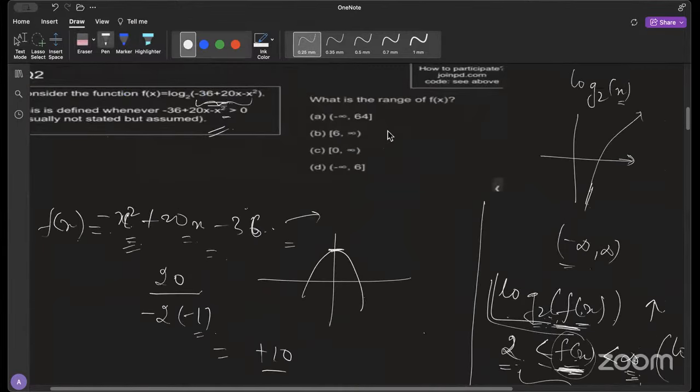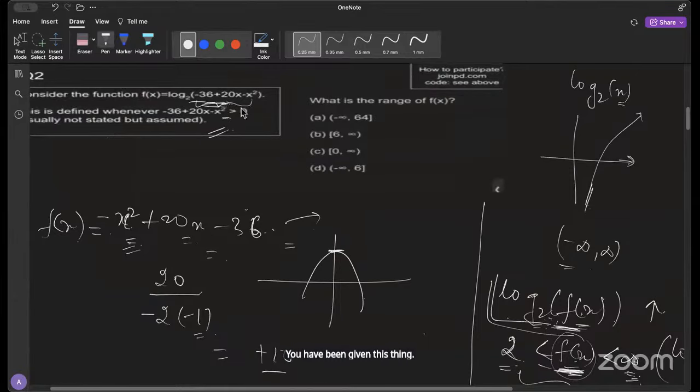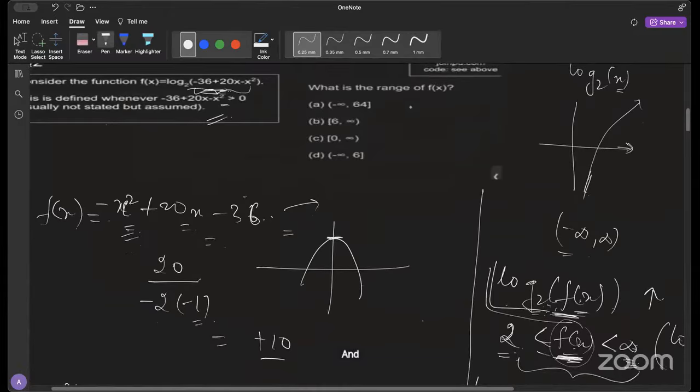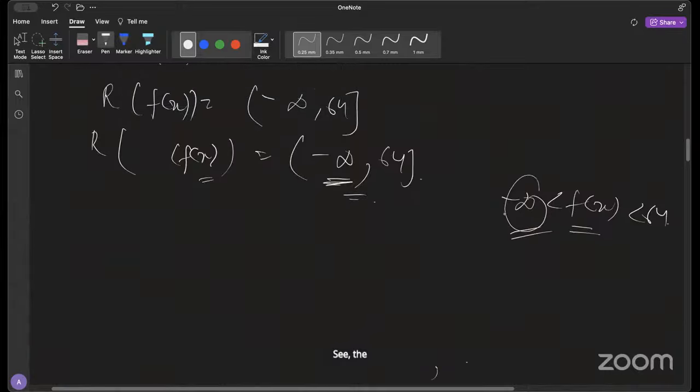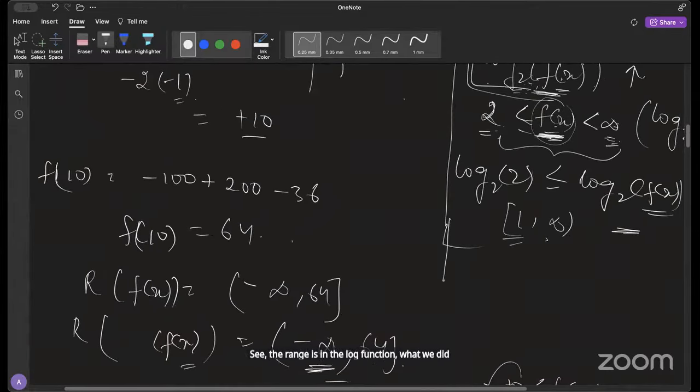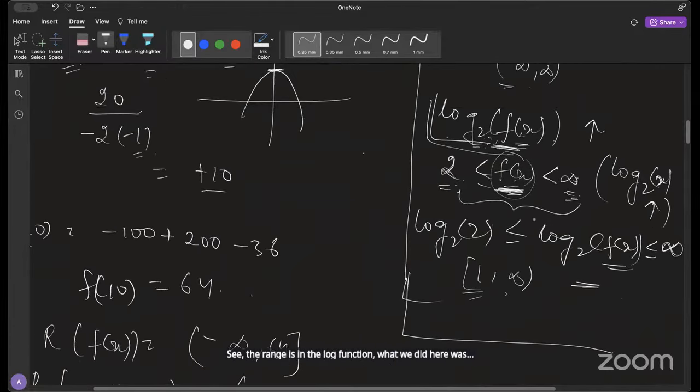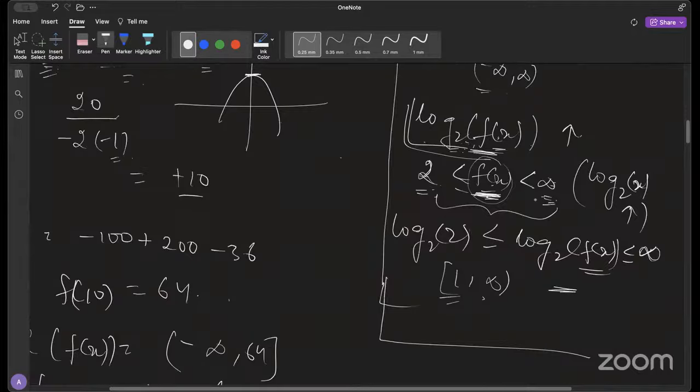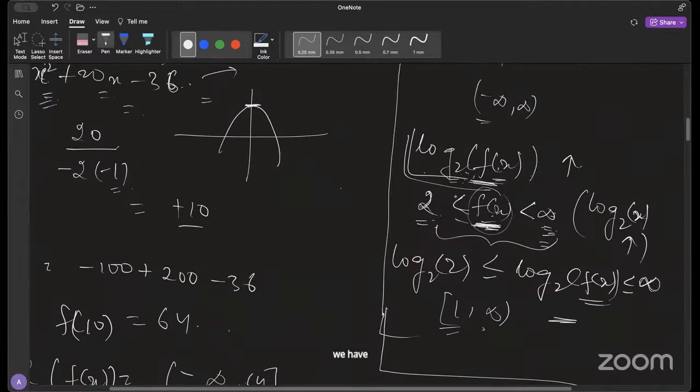You have been given this thing, and see, the range is in the log function. What we did here was, we had everything positive here, right? So what we're doing here is, if your function is, let's say, from a to b, or let's say you have minus infinity, your log function is like this.